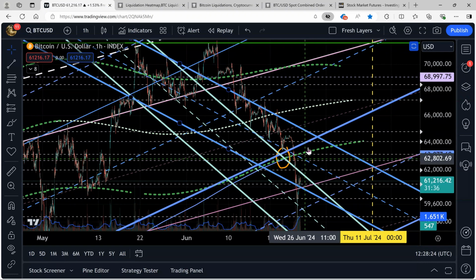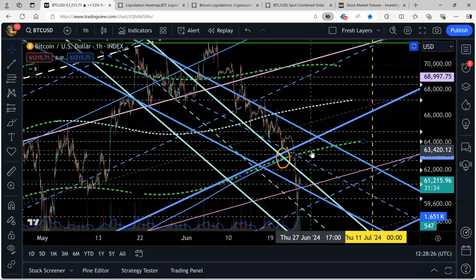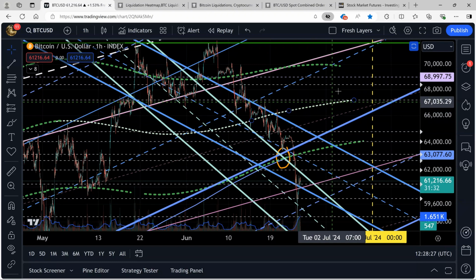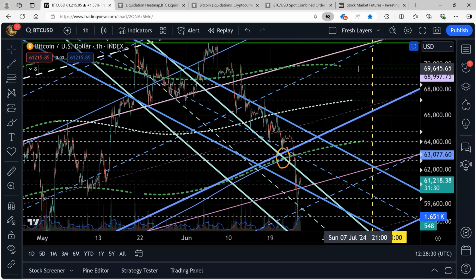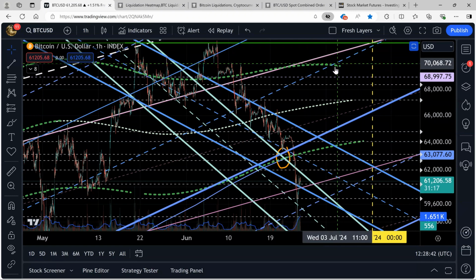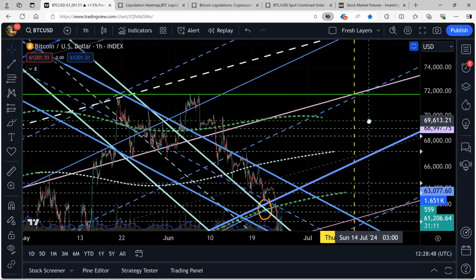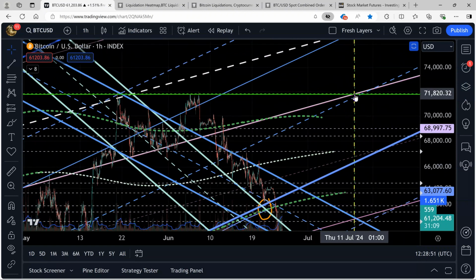Good case scenario, once we reclaim the Gaussian channel, we shoot up through it into next week, and then we get CPI data release the following week, the second week of July, and that just takes us out of the Gaussian channel once and for all, and maybe out of our green resistance here. Perhaps then we break out right here.